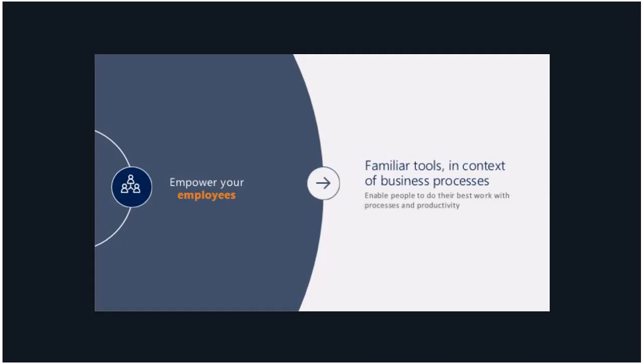So empowering your employees. So again, fundamentally a key and critical element of that, sitting in terms of the back office side of things. So ensuring that from an empowerment perspective, employees are given the necessary productivity tools that are familiar to them, that can be easily distributed, shared and scaled, and fundamentally enable the business to really start to reflect and become a very streamlined and effective and efficient business model.